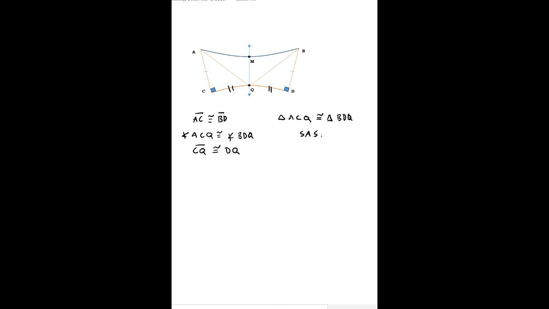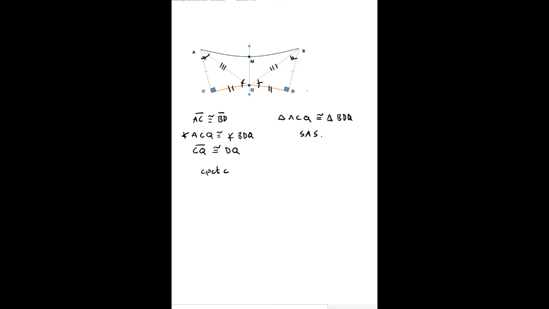Okay, now that we have proved that these triangles are congruent, we can conclude by CPCTC, or corresponding parts of congruent triangles are congruent, that angle AQC and angle BQD are congruent, segment AQ and segment BQ are congruent because they're corresponding, and angle QBD and angle QAC are also congruent.